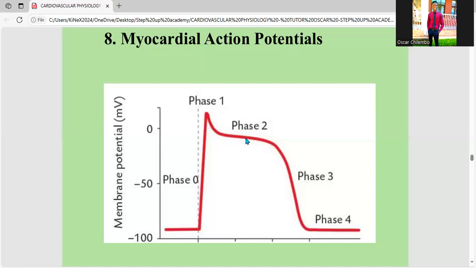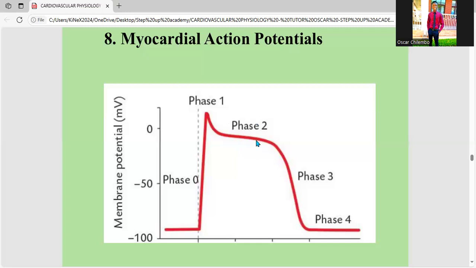The prolonged phase allows for complete ventricular filling so that the ventricles can fill with blood before they contract. So phase 2 in summary, as potassium leaves the cell, calcium starts going inside the cell. But the rate is almost the same. That's why there is a balance. Then this phase tends to prolong.